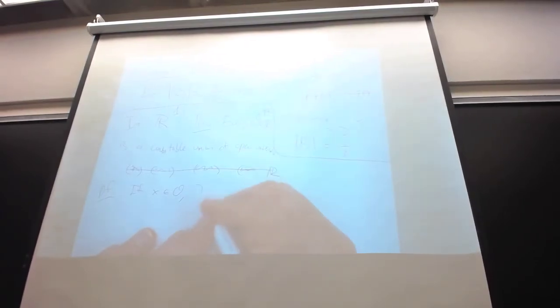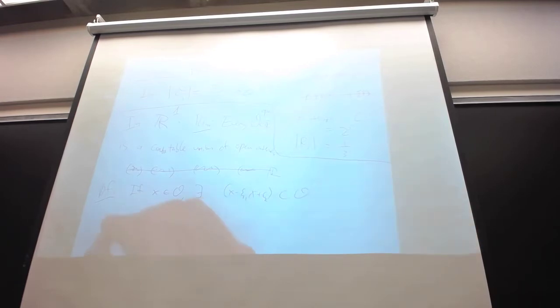So, if x is in O, well, it's open, so there exists an interval, x minus epsilon, x plus epsilon, which is completely contained in O. Let's call this epsilon 1 and epsilon 2. So there's some ball around it, but now I want to push epsilon 1 back as far as I can and epsilon 2 up as far as I can.